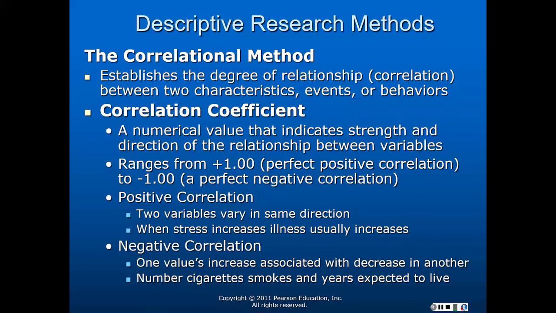You will find that these variables can be positively correlated, as one variable goes up and the other one goes up, or it could be negatively correlated, as one variable goes up, the other one goes down, or not at all related.